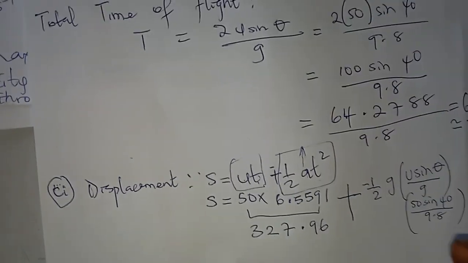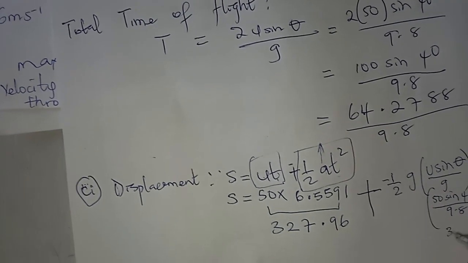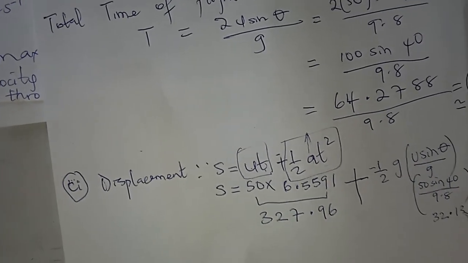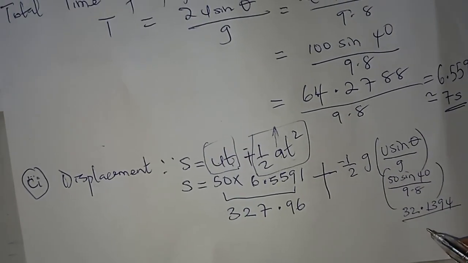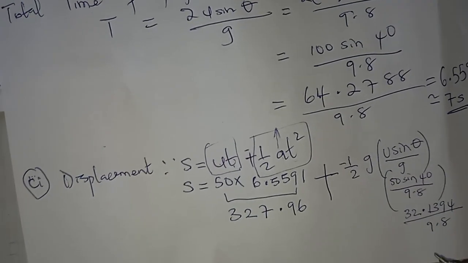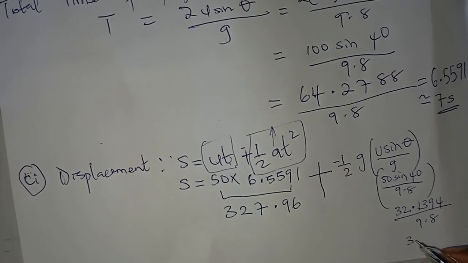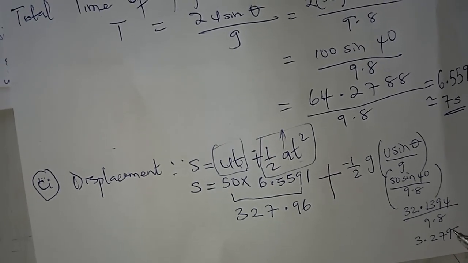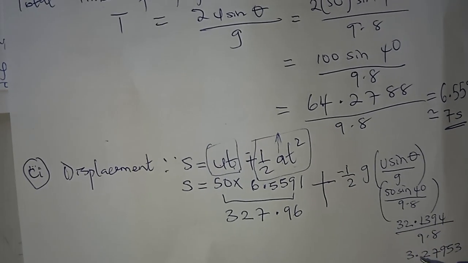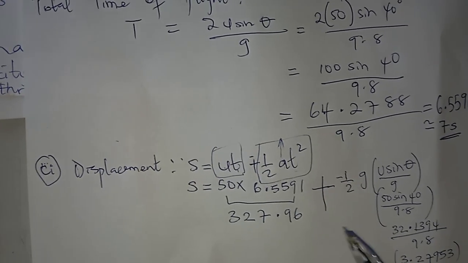This is going to give me 32.1394 all over 9.8, and when I punch this, it should give me 3.27953.